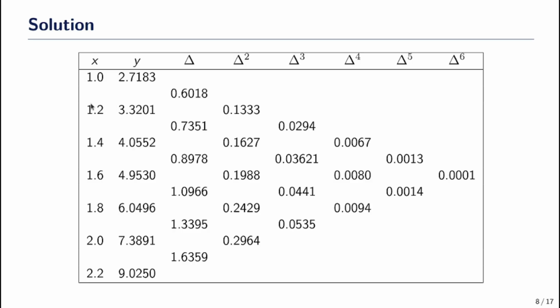Here you take x0 equal to 1.2, then y0 will be 3.3201, delta y0 will be 0.7351, delta square will be 0.1627, delta cube will be 0.10361, delta 4 y0 will be 0.0080, and delta raised to 5 will be 0.0014.